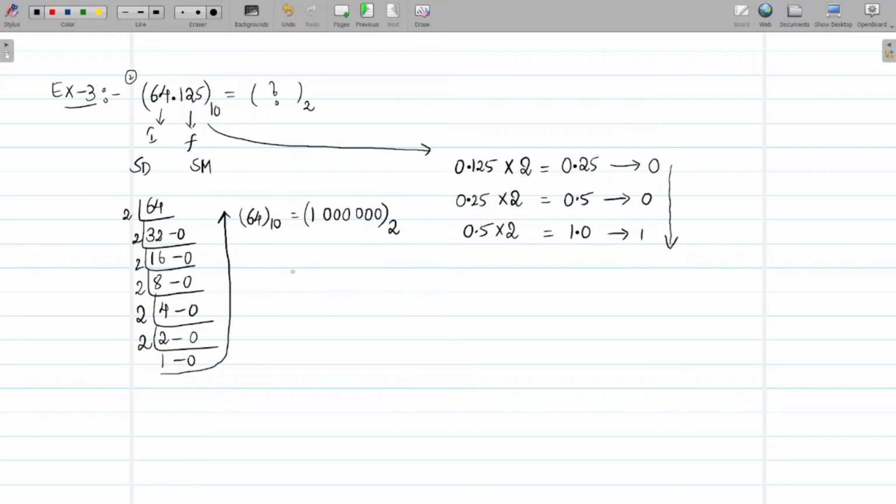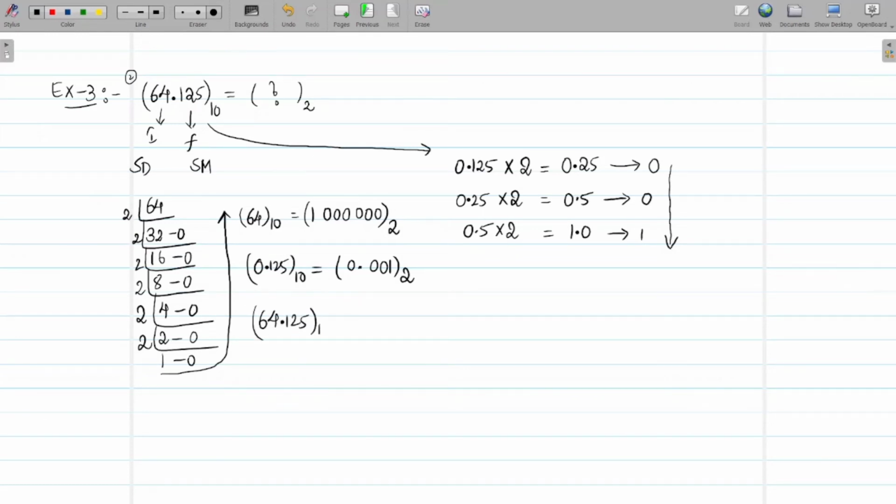Hence, the equivalent binary value for 0.125 in decimal representation is 0.001, right? Now adding these two, you will get the equivalent binary value for 64.125.